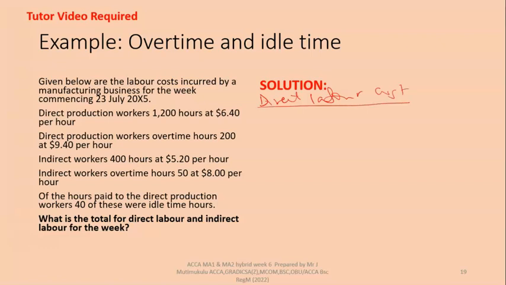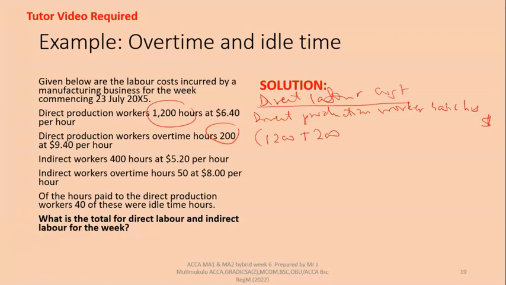This would consider the direct production workers' basic hours, which were 1,200 as given here. Also, direct production workers overtime hours of 200, plus 200.